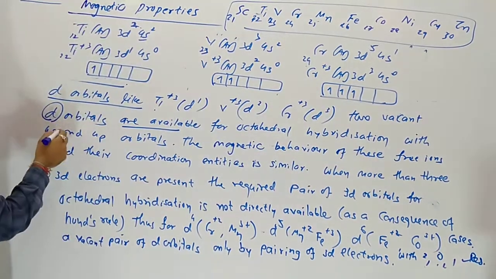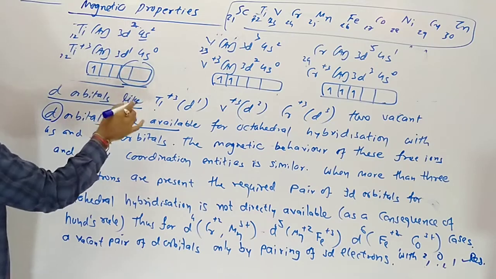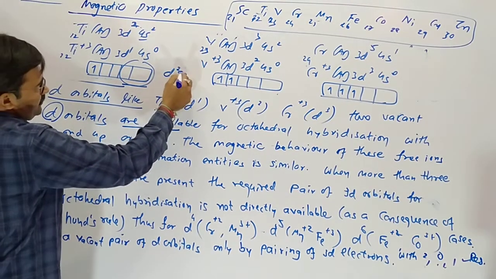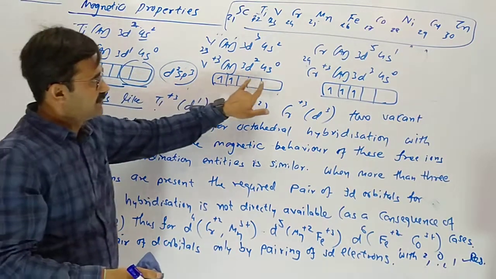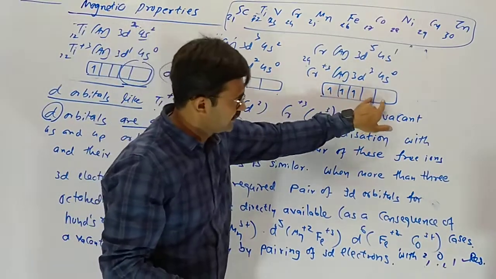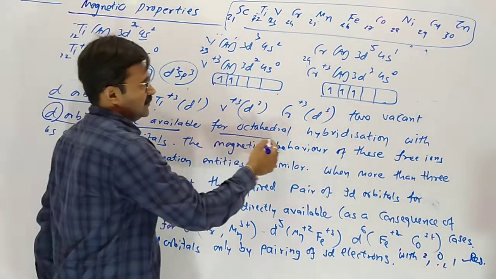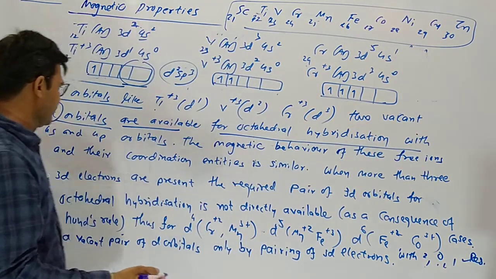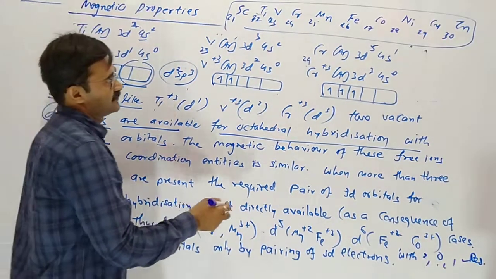So 2 vacant d orbitals. Yes, here 2 are available. For d2sp3 hybridization, 2 d orbitals are available, here also available. 2 vacant d orbitals are available for octahedral hybridization with 1 4s and 3 4p.